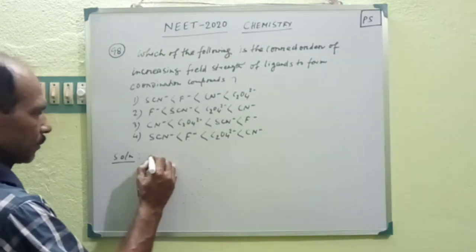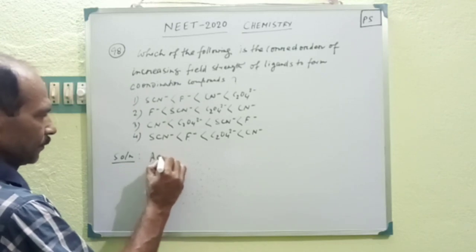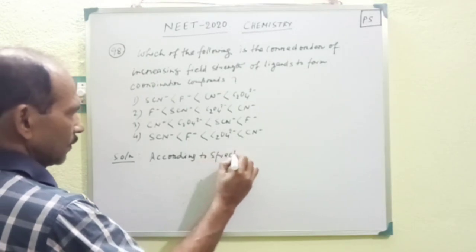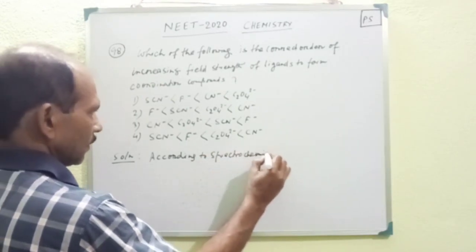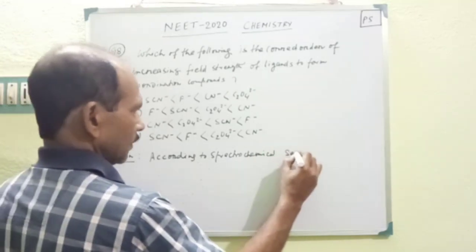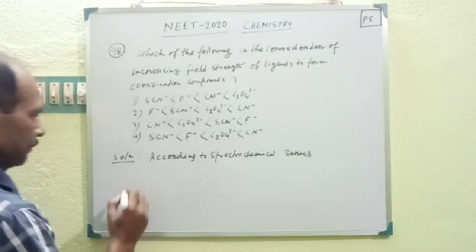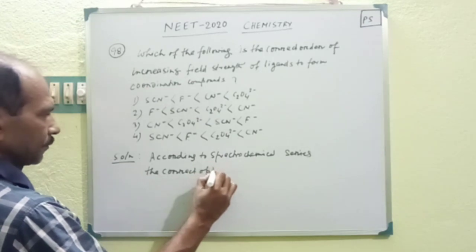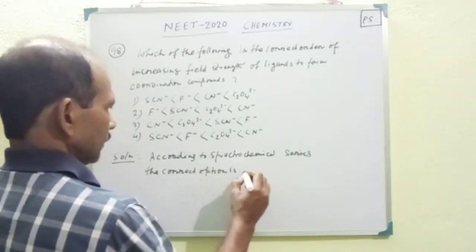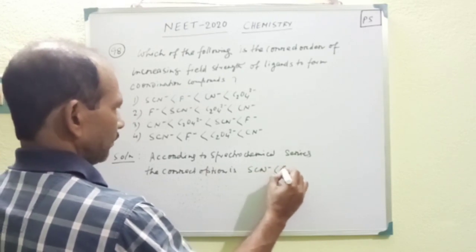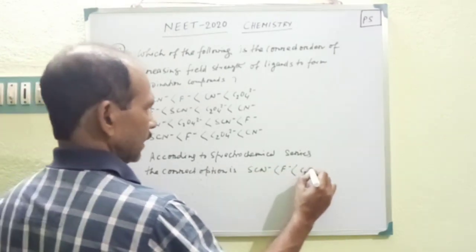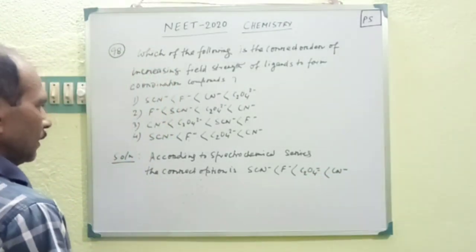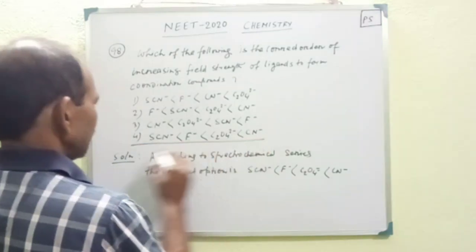You know, according to the spectrochemical series, the correct option is HCl minus less than F minus less than oxalate ion less than CN minus. The right option is option number 4.